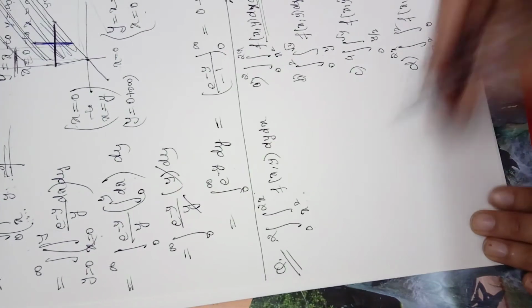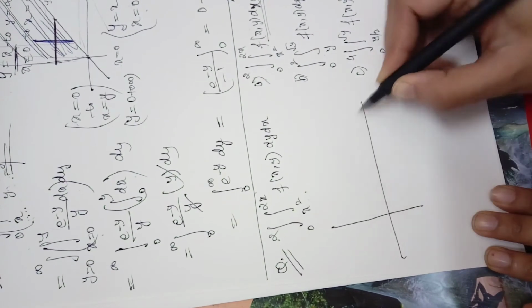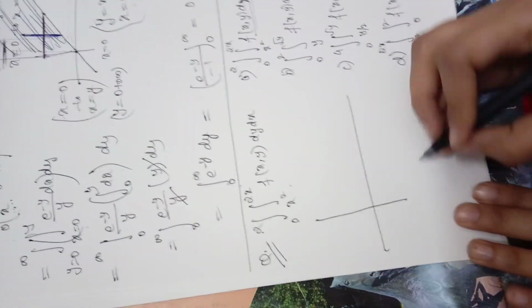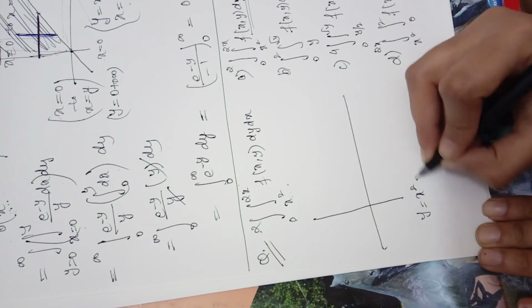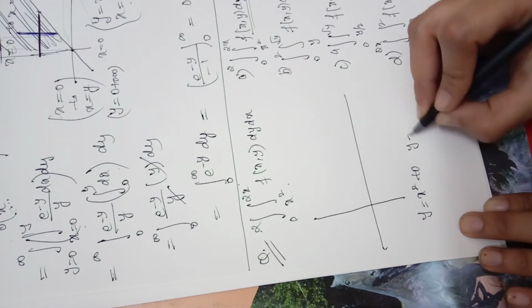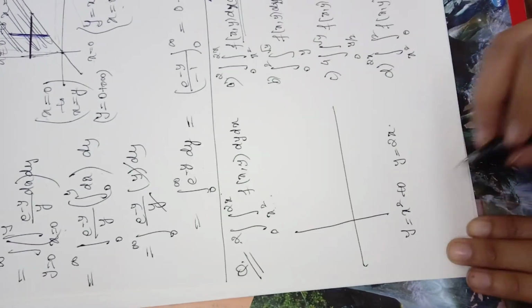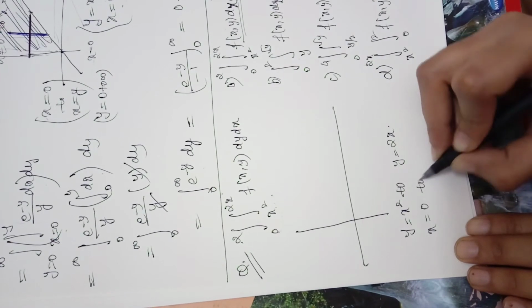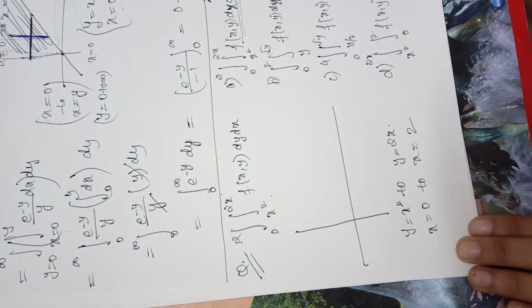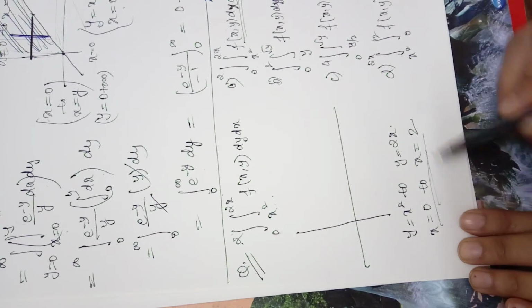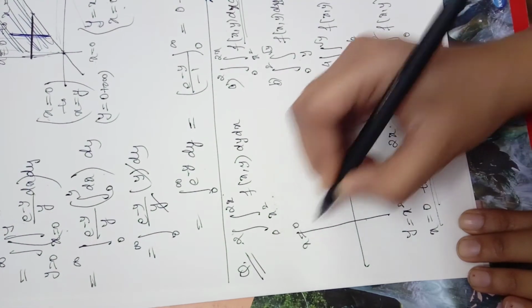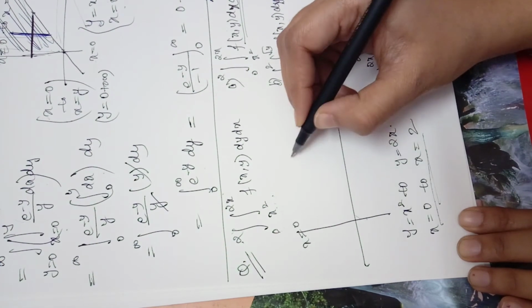Okay, let's do it. First of all, this is for y equal to x square to y equal to 2x, and x is going from 0 to x equal to 2. Let's do this, this is easier. X is 0 is this line, the origin. X equal to 2 is this line.